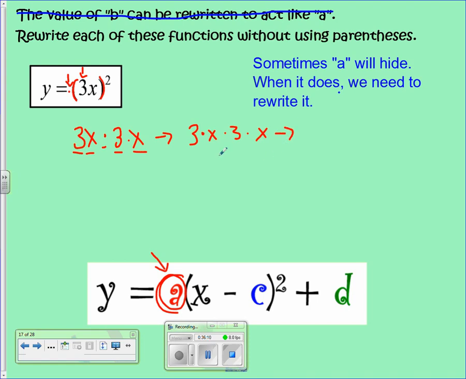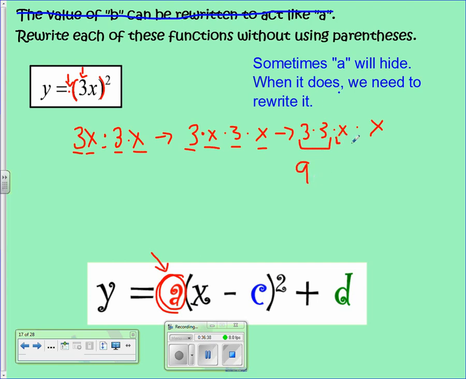And furthermore, let's put the numbers themselves in front and the letters in the back. We have 3 times 3 times, put our variables in the back, times x. Okay? Now let's look what happens right here. What is 3 times 3? Well, it's 9.